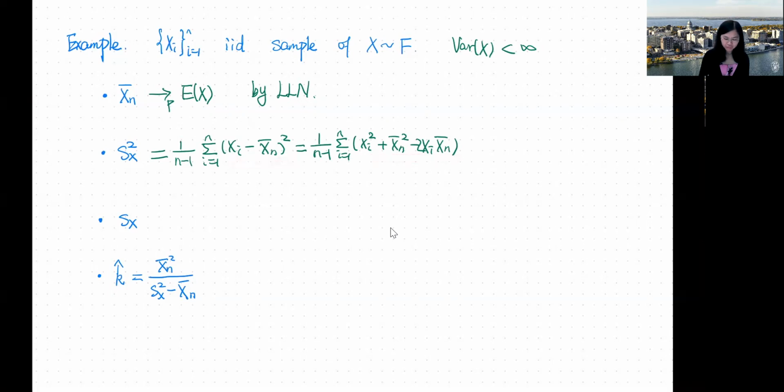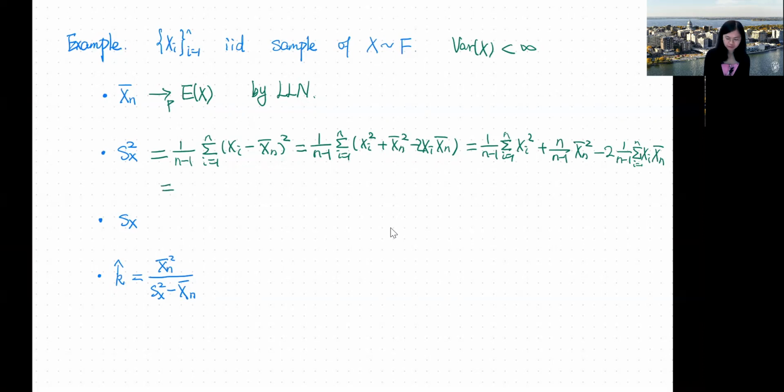Once you write out the square, you find that it equals 1 over n minus 1 sum of xi squared plus n over n minus 1 xn bar squared minus 2 times 1 over n minus 1 sum of xi times xn bar.